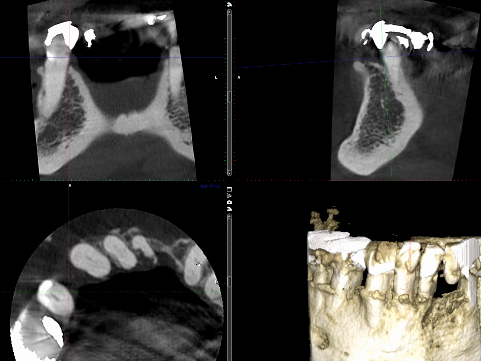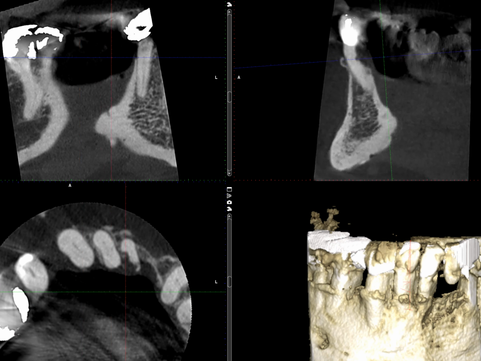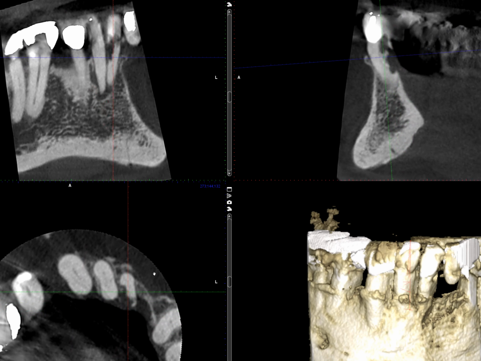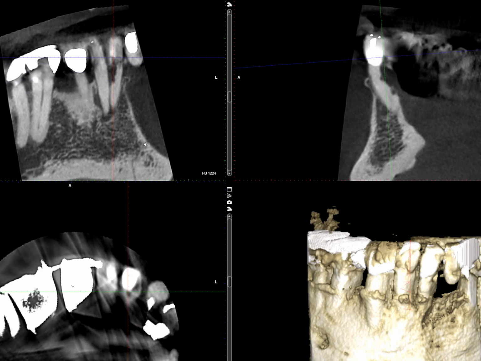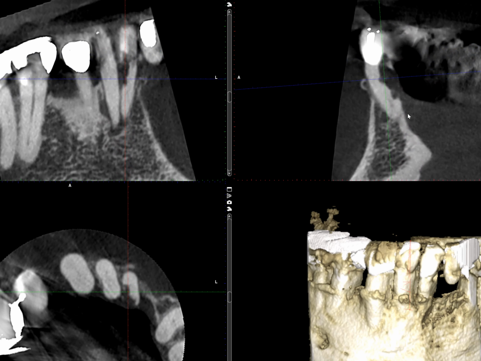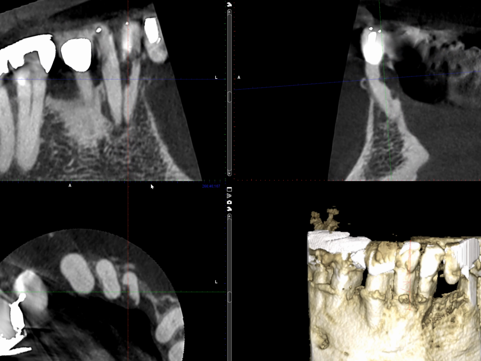So why don't we start out looking at number 25. So here's number 25. Remember how it appeared on periapical radiograph?